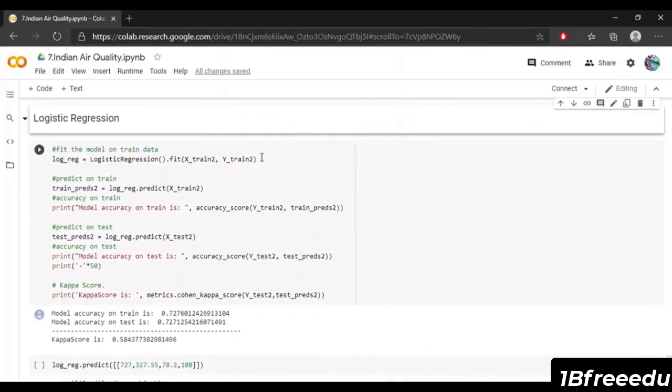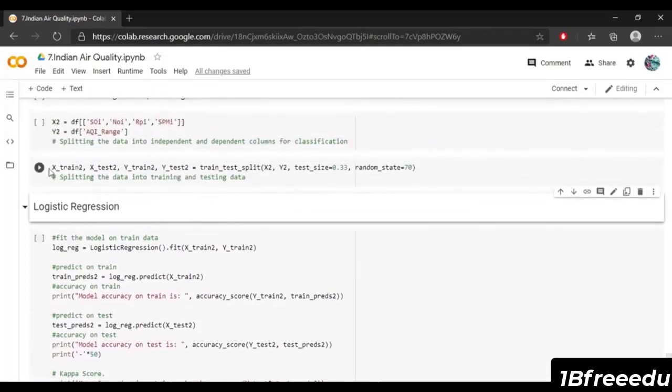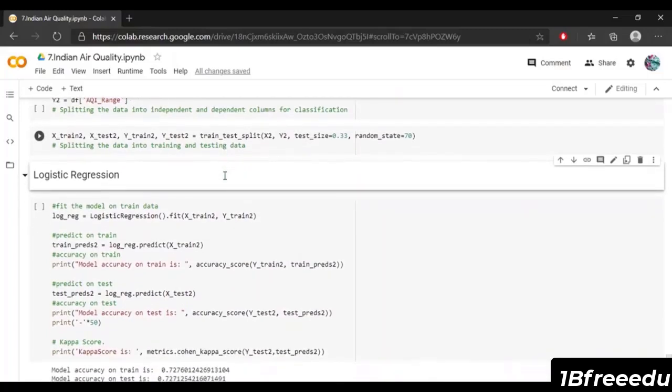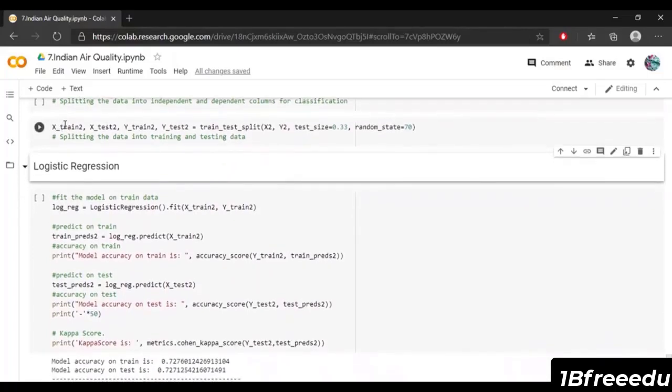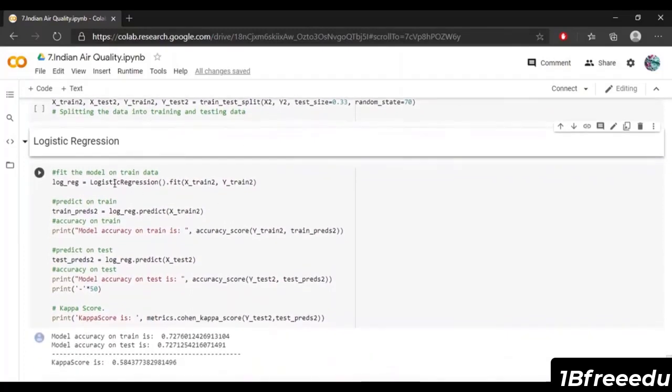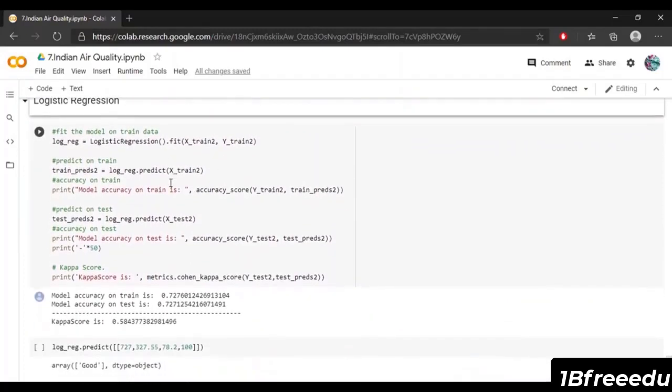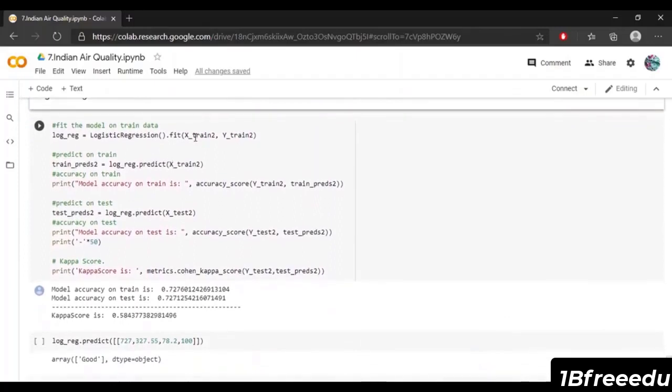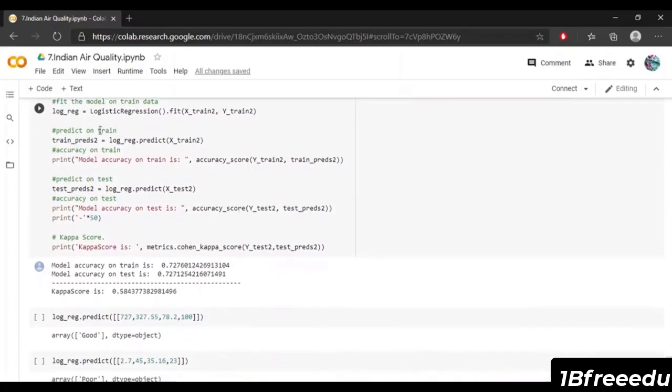We have used the logistic regression, and we have fitted this model on xtrain. Here we have mentioned it as xtrain 2, as we have already used xtrain and xtest for the regression algorithms. In the classification, we have called them xtrain 2, xtest 2, ytrain 2, and ytest 2. You can see that the logistic regression has been fit on xtrain 2 and ytrain 2, and then the model has been predicted on xtrain 2.